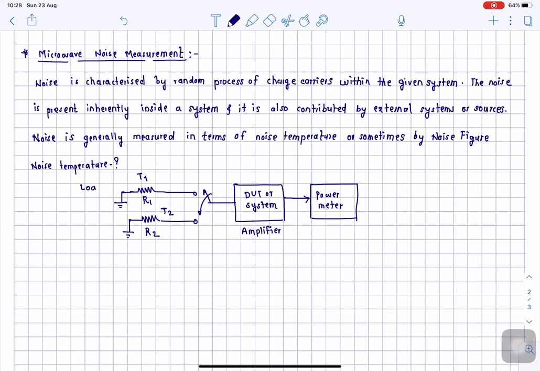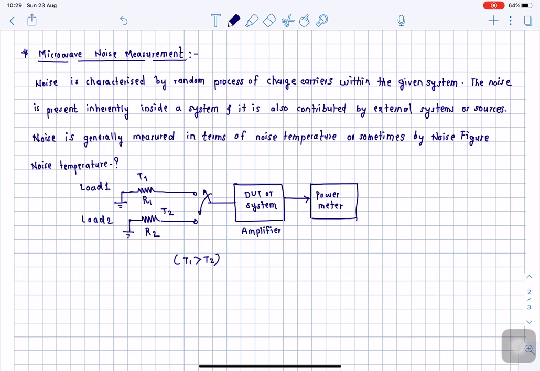So this is load 1, a resistive load, and this is the second load, also a resistive load. These resistive loads have the resistances R1 and R2, and they are at different temperatures. Let us say T1 is greater than T2.